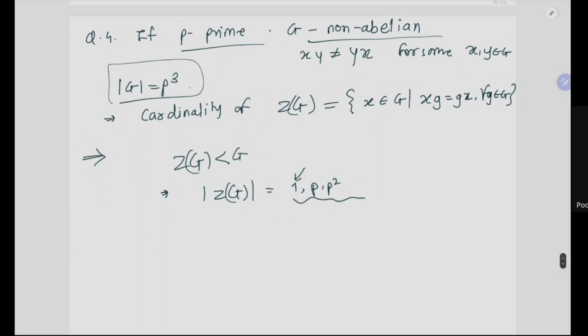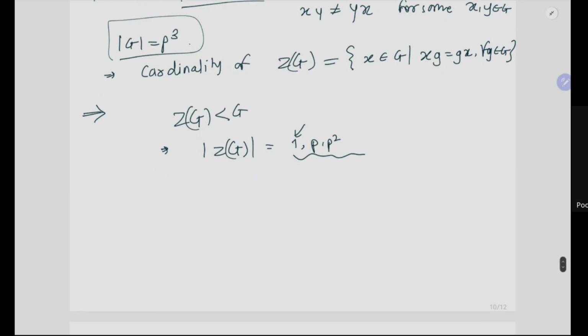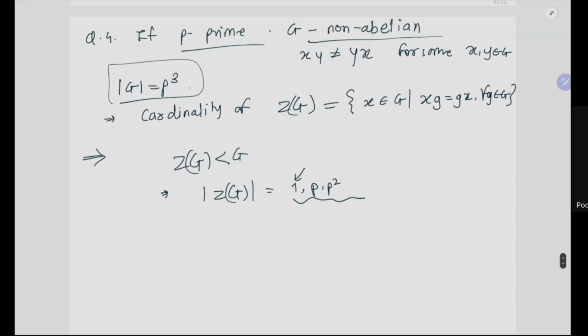I think one is not possible, since the quotient group is isomorphic to G, and G is non-abelian, so the quotient group is also non-abelian. So what he's saying is that if the order of Z(G) is 1, then the index will be P cube.